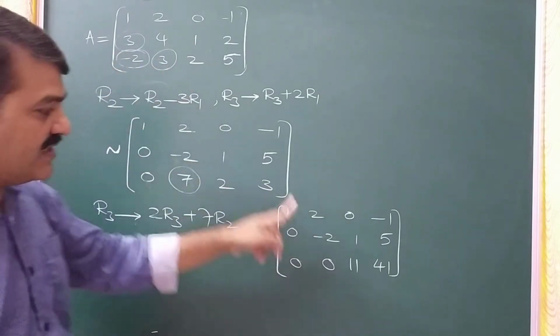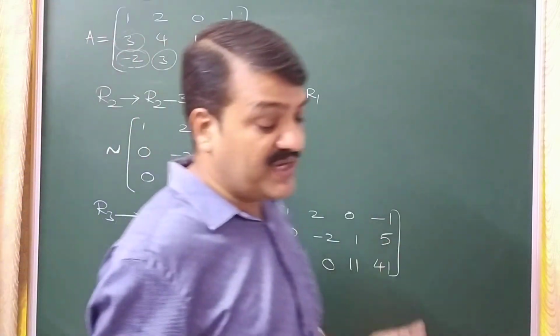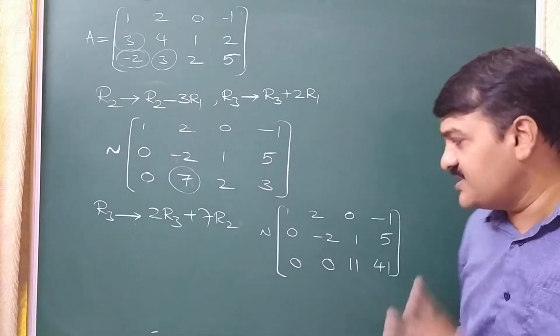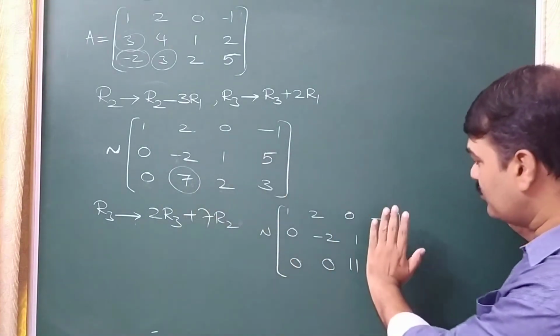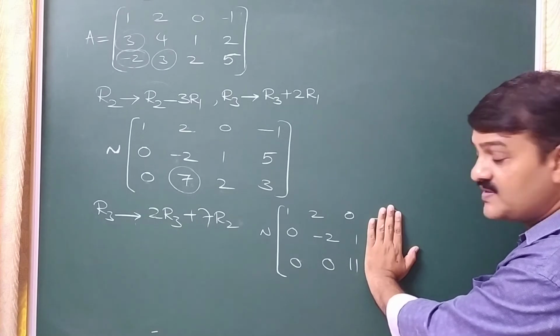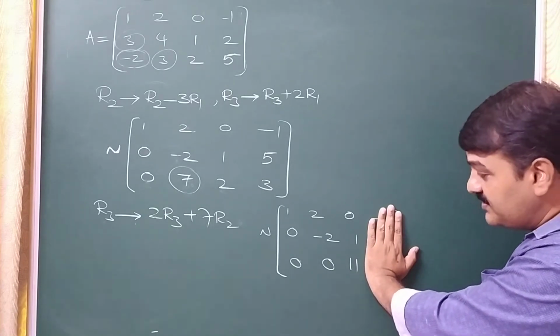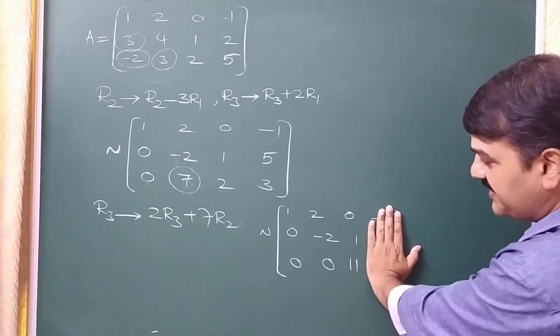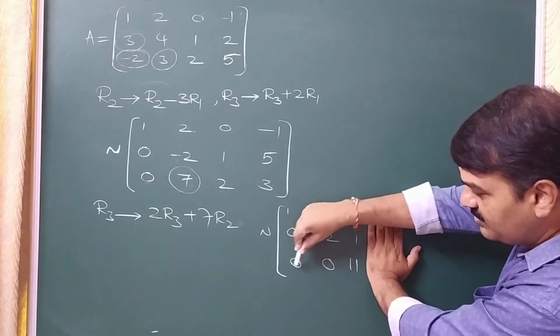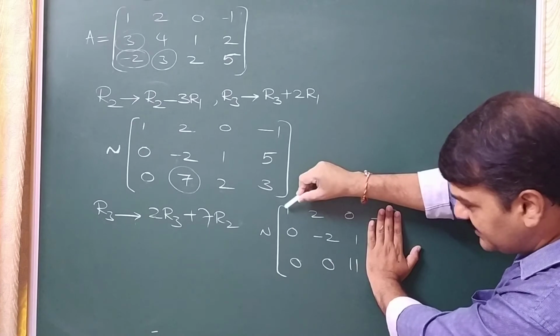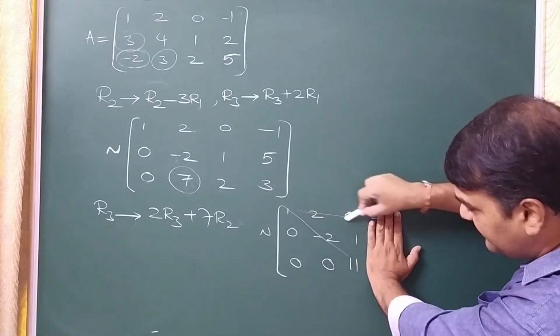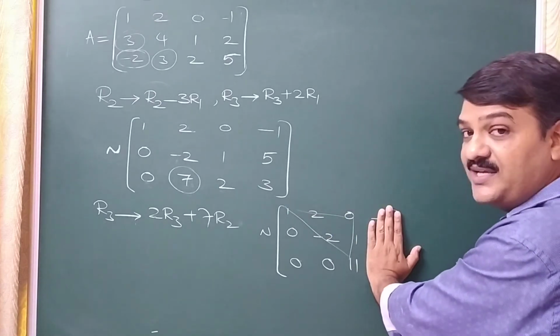Getting 0 here, done. So how are we going to find the rank here? See carefully. I will remove this column. This is a 3 by 3 submatrix definitely, in which these three places are zeros. That means this is an upper triangular matrix clearly.